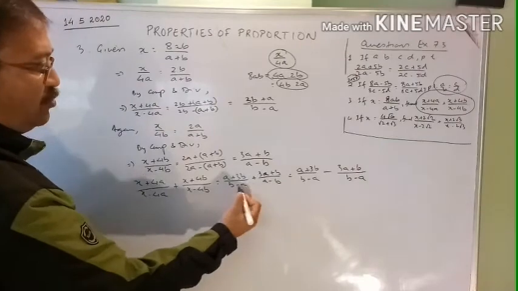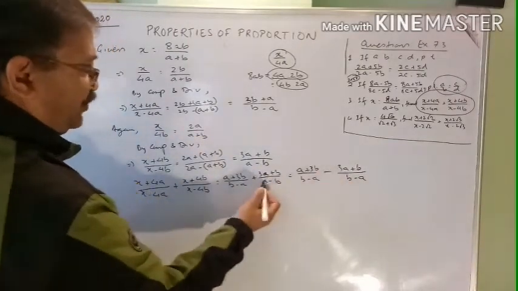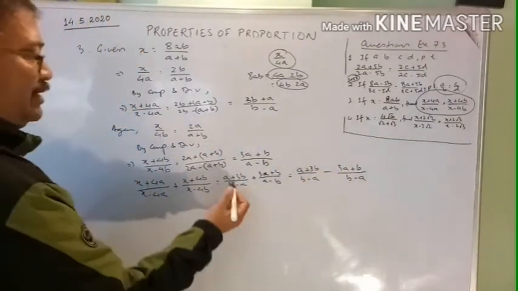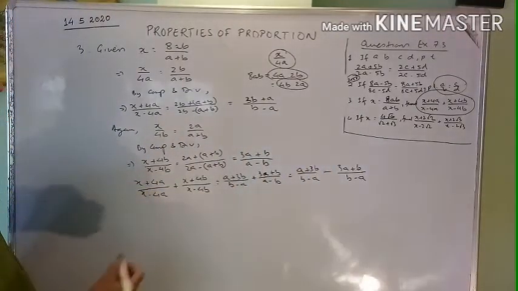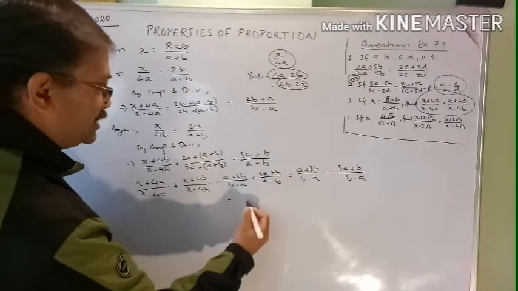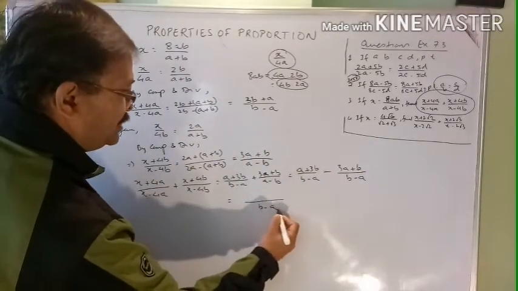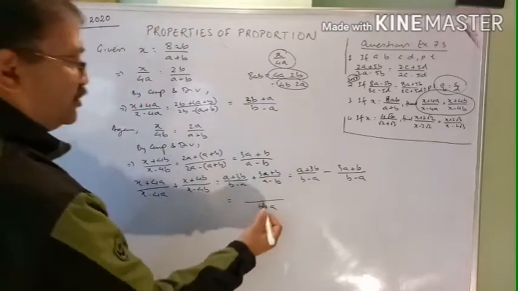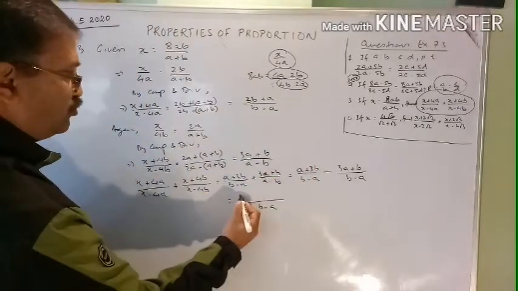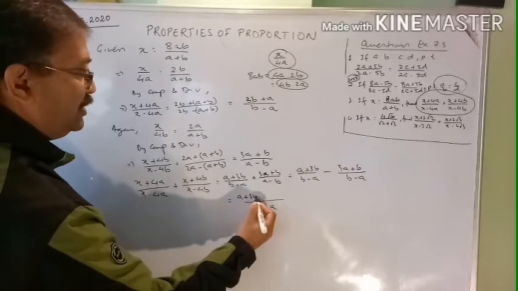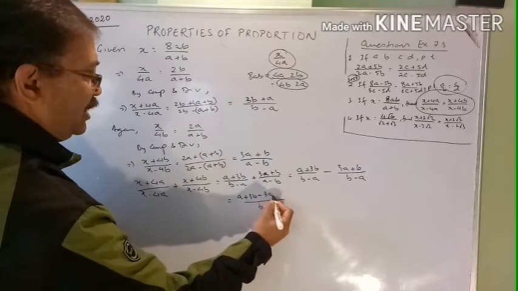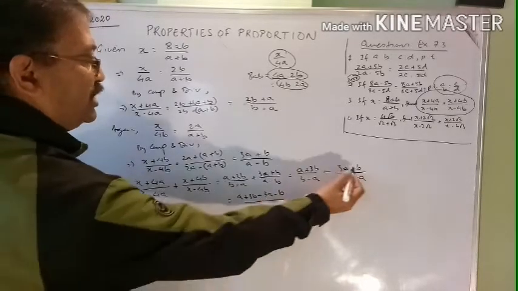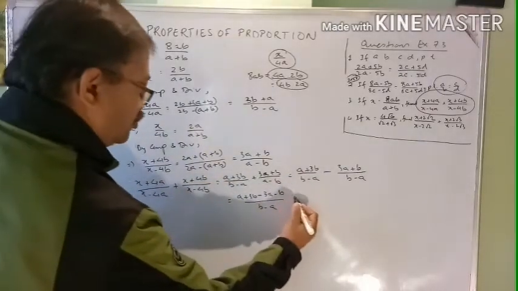As we have taken minus common, minus b becomes plus b and plus a becomes minus a, and plus will change to minus. Now take LCM. LCM is b minus a. Since the denominators are the same, the numerator won't change: a plus 3b minus 3a minus b, because the minus sign will change this sign.